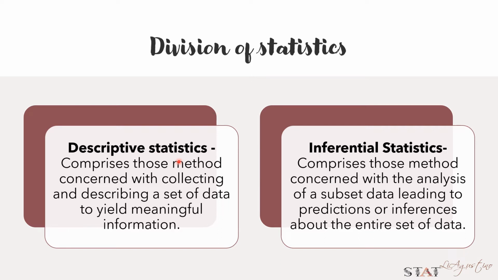For example, we have the frequency and percentage distribution table, the correlation. And then we have the inferential statistics, which comprises those methods concerned with the analysis of a subset of data leading to predictions or inferences about the entire set of data. In other words, you will have the set of samples and then you will have the conclusion regarding the entire set of data.